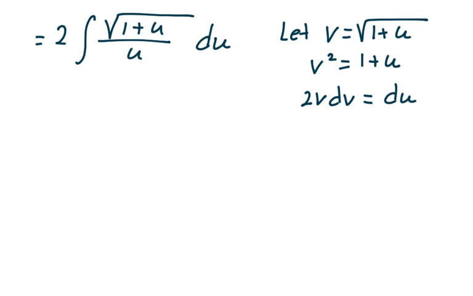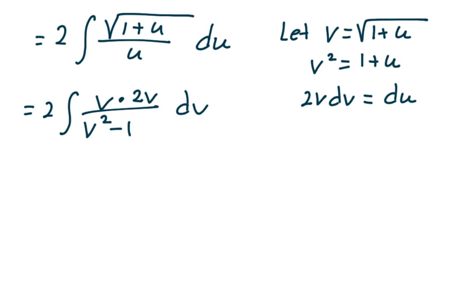Now, so this is twice the integral of v. Now, u is v squared minus 1. But I'm going to multiply by 2v dv. Okay? And so I'm going to pull that 4. I'm going to make that 4, right? And then I get v squared over v squared minus 1 dv.